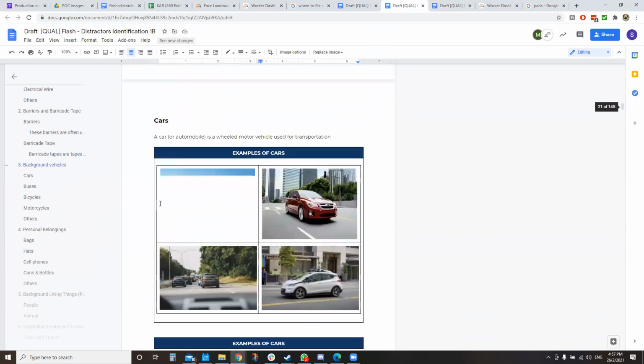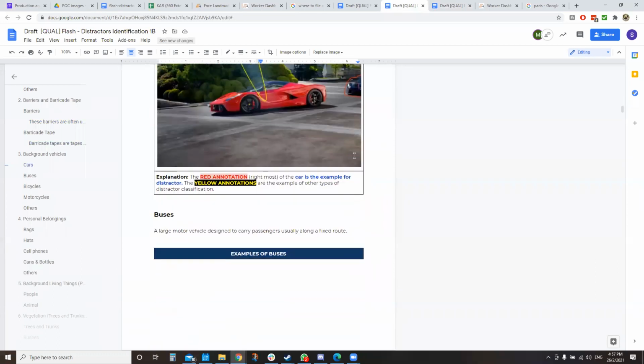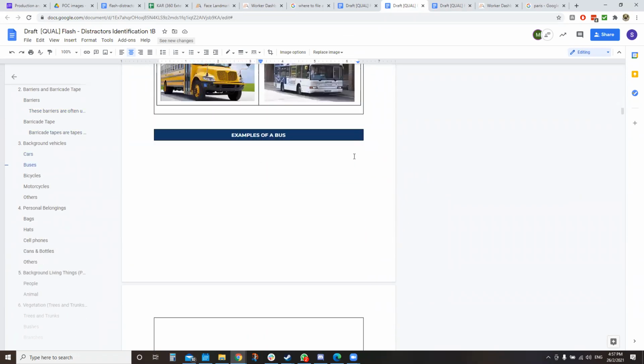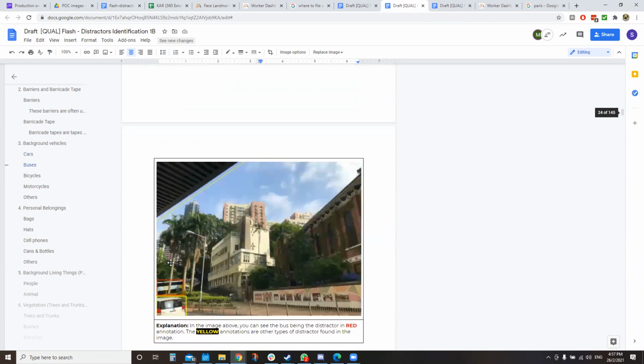Background vehicles, obviously cars, lorry, van, all these things. Again, I don't have to show you examples. This one here, obviously this van and also this bus is a distractor.